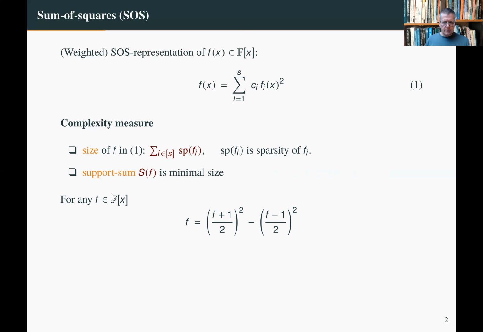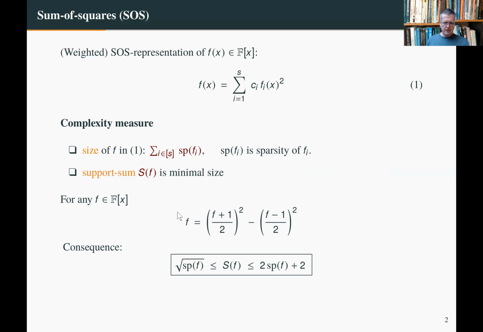So in our setting, every polynomial can be written that way, that you can see from this trivial formula. Every f you can write like this. And that means when you look at our complexity measure, this formula gives you an upper bound. The sparsity here is the sparsity of f, maybe plus 1, because we have a constant term here, again here.